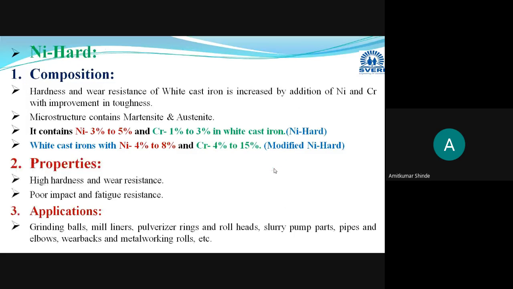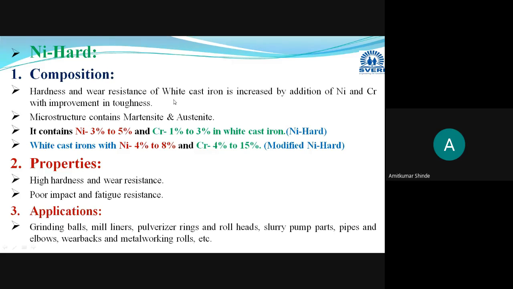From the word itself, nickel hard means we will end up with more hardness and more wear resistance. From the name itself, as nickel hard is written here, we are going to add the alloying element nickel in that particular cast iron, and here we are going to add that nickel in the white cast iron.